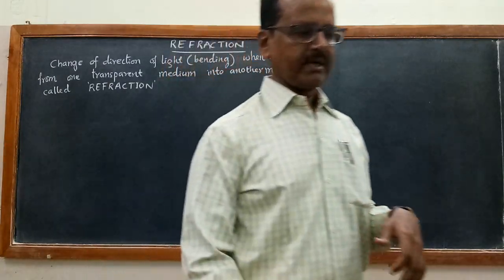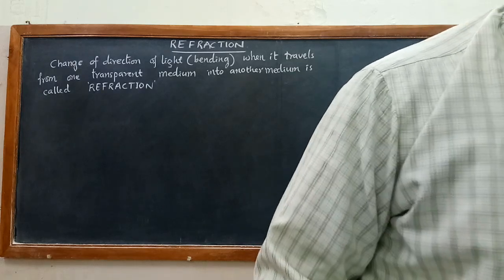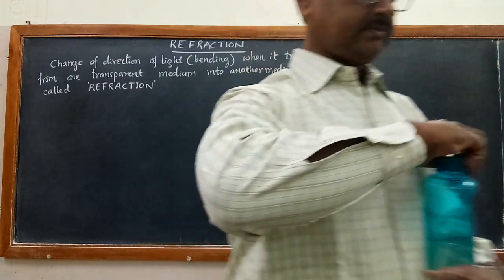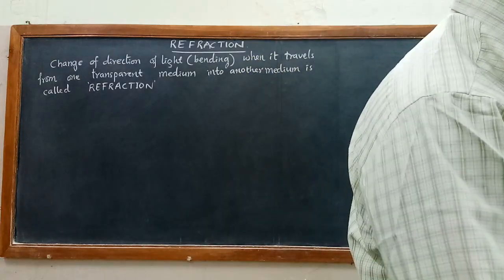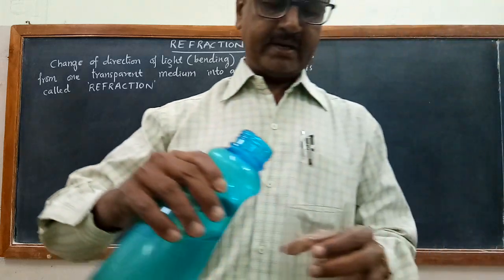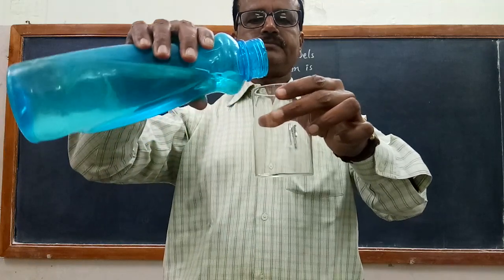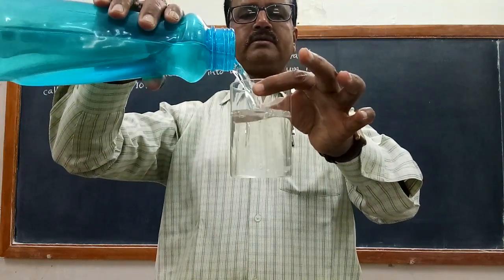Let us see one simple activity I will show in front of you. I am taking water in a glass and I am going to place a pen inside. So this is the water.